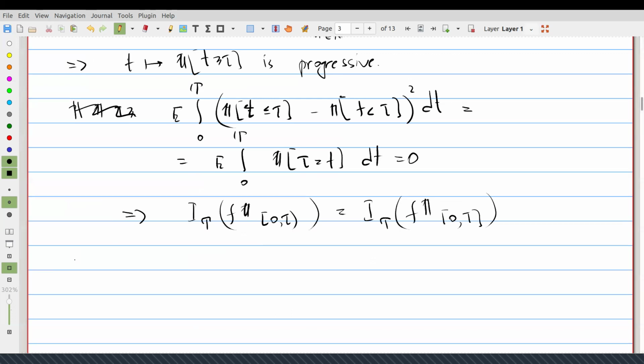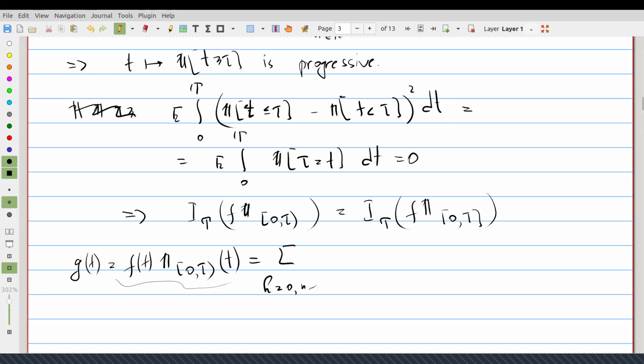And now we can consider this new g_t, which is f(t) times the indicator from 0 to tau of t. I'm doing this because this is slightly more convenient to work with.